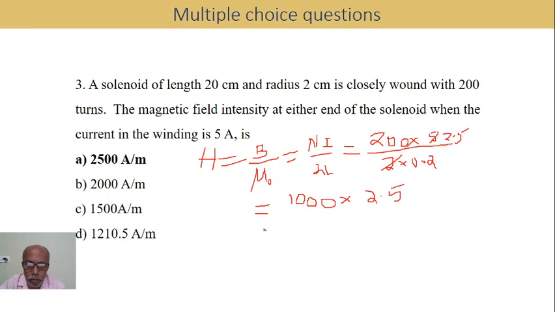Therefore, it will be equal to 2500. This is the answer. 2500 ampere per meter is the magnetic field intensity at an end of the solenoid.